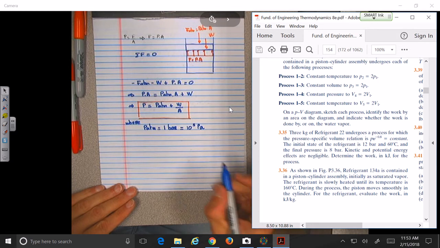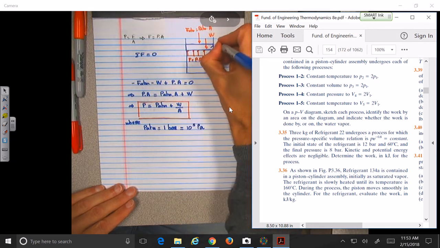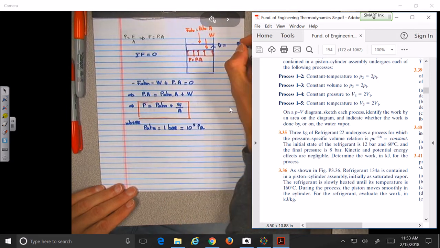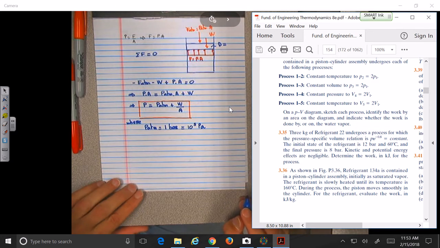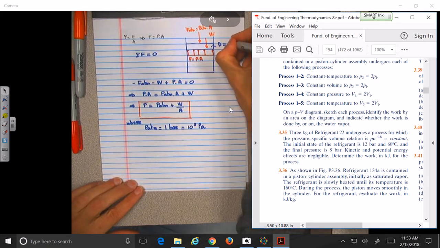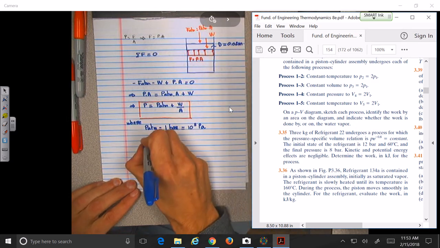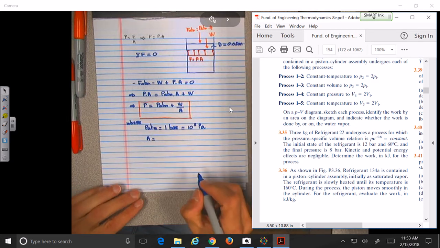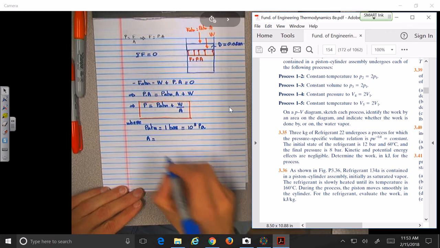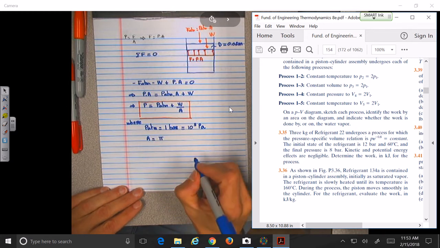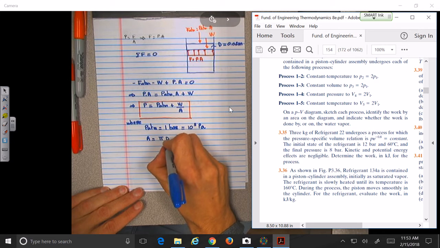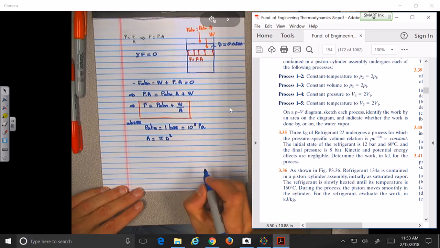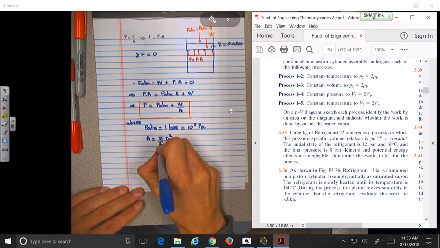Okay, now, what would be A? What do they give us in the problem? The diameter of the piston is 0.02 meters. So what would be then the area? If you do this one squared instead of the radius, divided by 4, no?